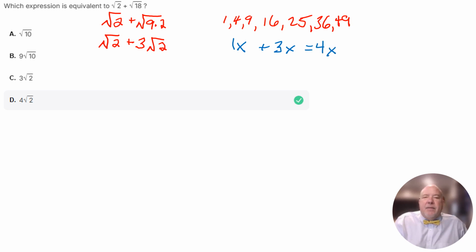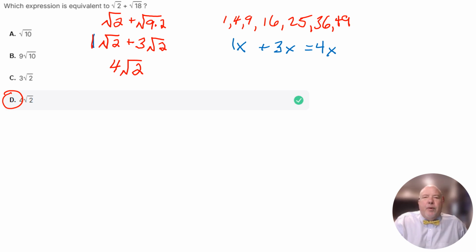The same thing can be done over here with the radical. And so there's a 1 here that's not written. Sorry, I meant to change it back to red. There we go. So there's a 1 that's not written. I add the 1 and the 3 together to get 4, and then I just keep the radical the same, the square root of 2. And that's your simplified answer, so that's D.